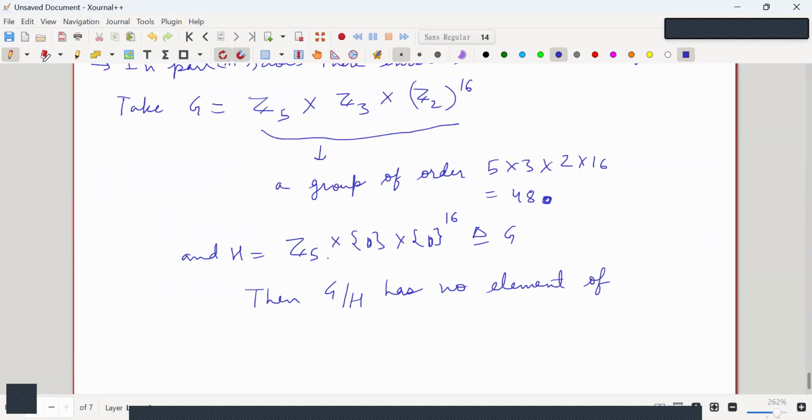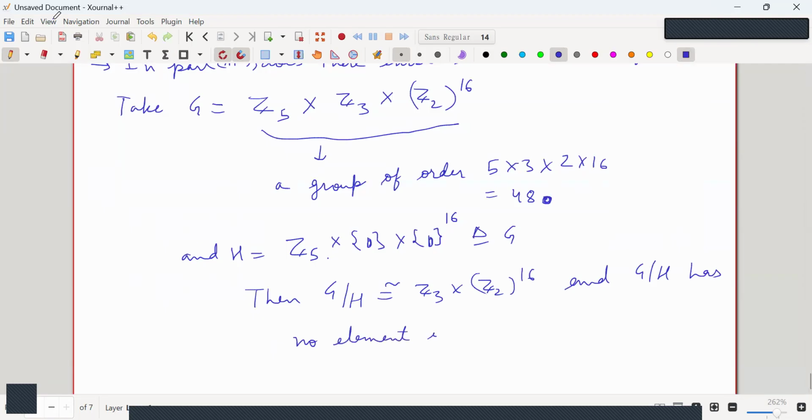This is the group which has all other coordinates 0, and in the first coordinate you are taking an element from Z5. So this will be sitting inside G, and then G by H will be just isomorphic to whatever is left, Z3 cross Z2 to the 16, and G by H has no element of order 4, right? Because this has no element of order 4.